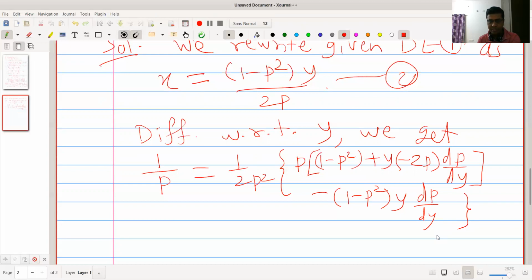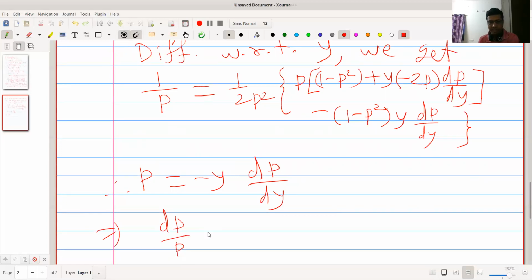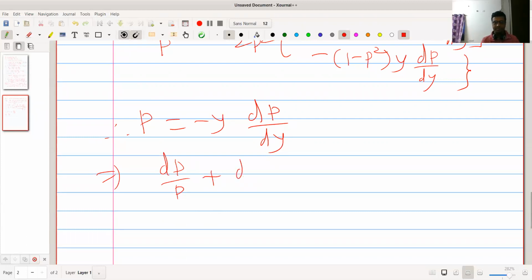Now we simplify this using routine algebra, and you can find that this becomes p equal to minus y into dp by dy. The details are given in the notes also. So this gives dp by p plus dy by y equal to 0.